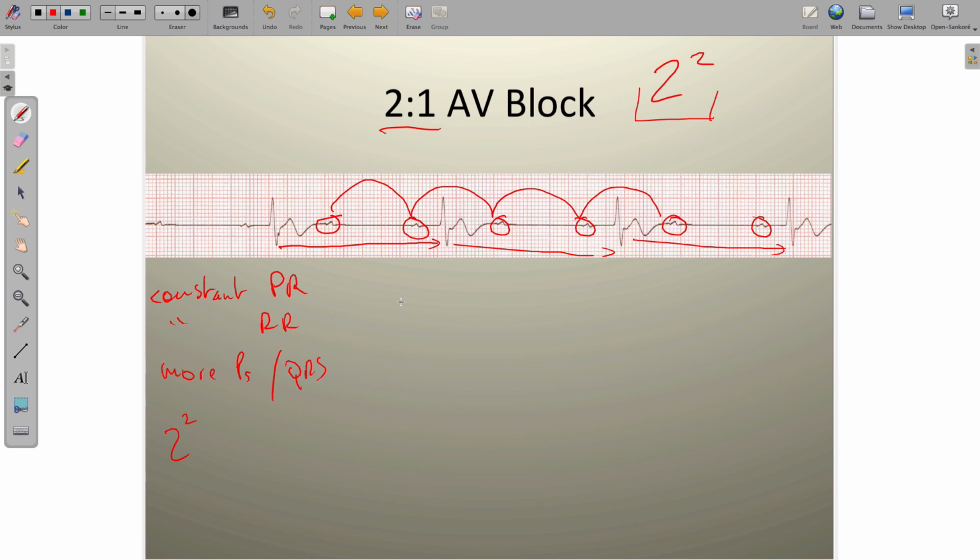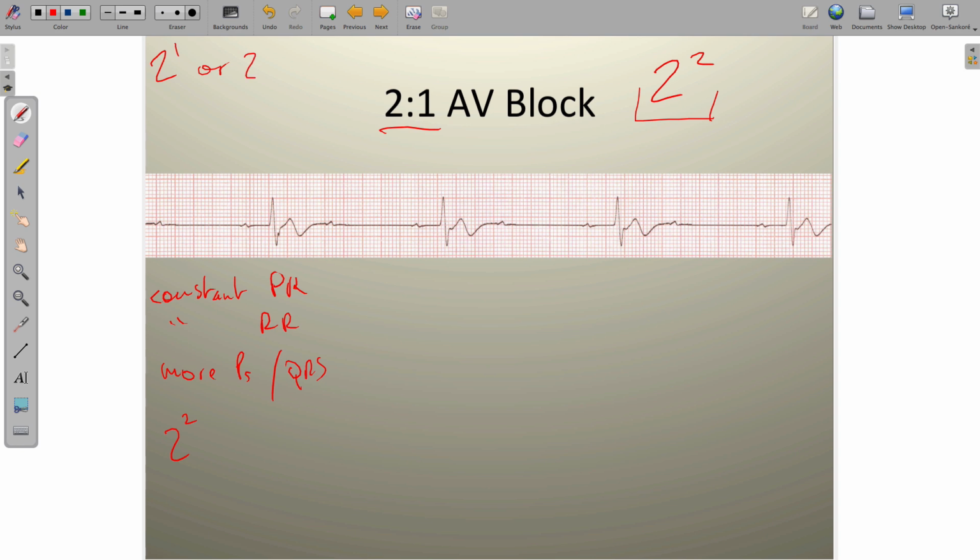Here's the problem. The problem is when there are 2 and exactly 2 P waves for every QRS, we have no idea if this is second degree type 1 or second degree type 2. And here's why. Remember second degree type 1 heart block. We said was a PR interval that elongated to the point where it dropped a QRS complex.